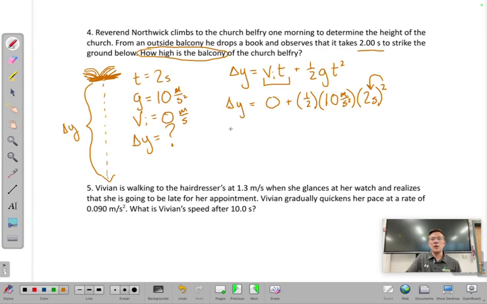So delta y, if we simplify this, is going to be equal to 5 meters per second squared multiplied by 4 seconds squared. You can see here that the seconds squared are going to cancel, and you're going to be left with meters, which is the correct unit of measurement here. So we get 5 times 4 is 20 meters.